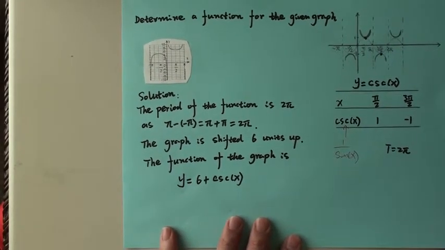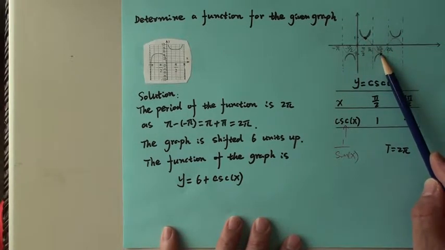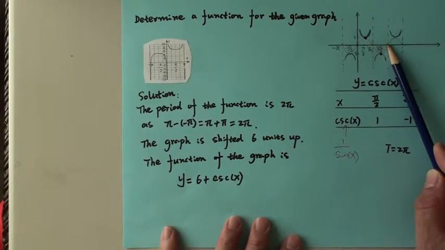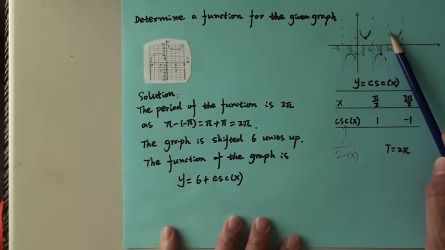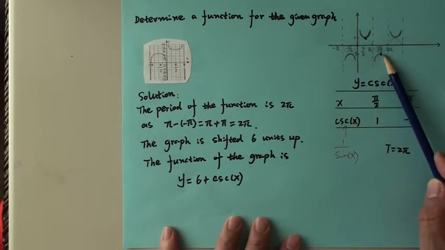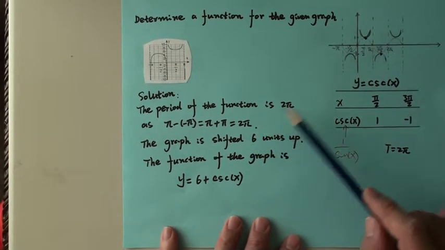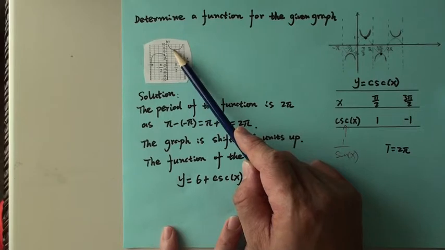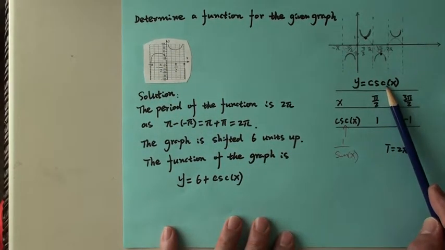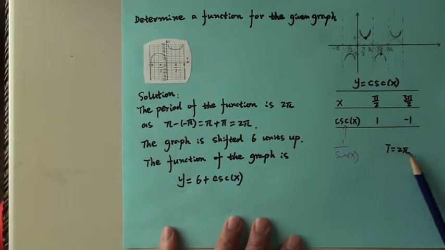Sine starts from 0, goes to 1, then 0, then negative 1, then goes to 0. The reciprocal, of course, should be in this way, so this way down, and then this way down. Here the lowest place is not on the y-axis, so you think about cosecant, because cosecant is the reciprocal of sine. It has a period of 2 pi.